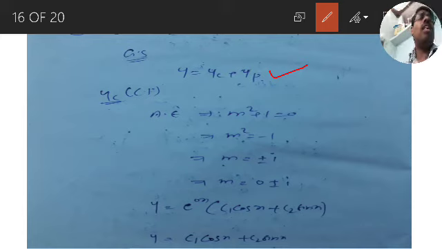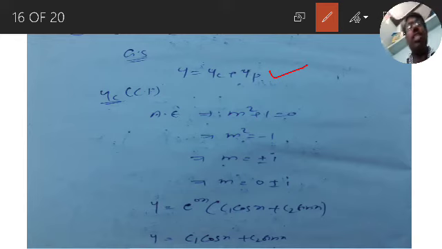Now let us find first yc, then yp, then add them, you get the general solution. So what is yc? It is the complementary function. What is the complementary function? It is the general solution of the corresponding homogeneous differential equation. What does corresponding homogeneous differential equation mean?